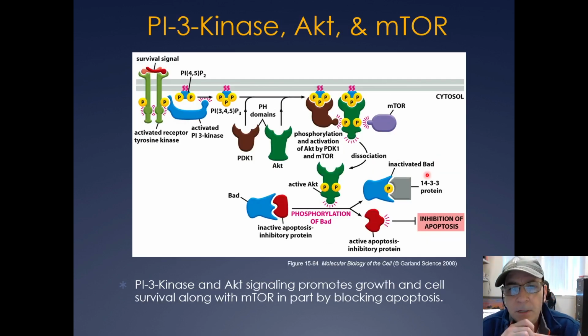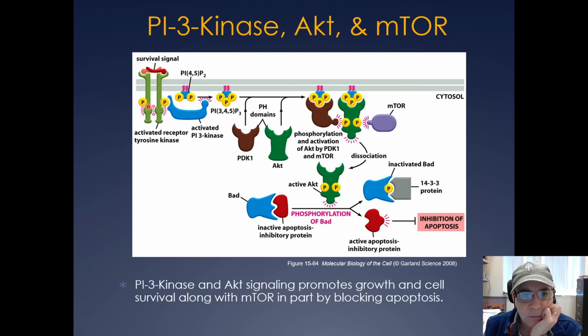And so that becomes important in signaling for apoptosis, or survival signals. You'll have a survival signal, and this inhibits apoptosis. So you'll get a survival signal bound to a receptor tyrosine kinase.